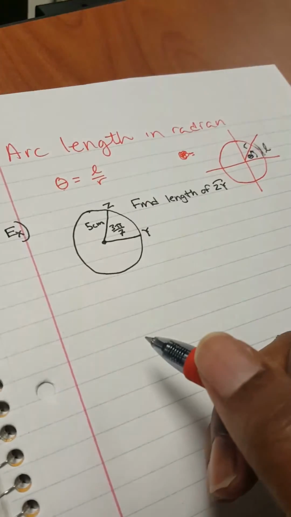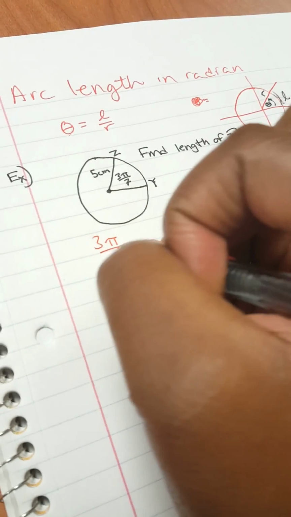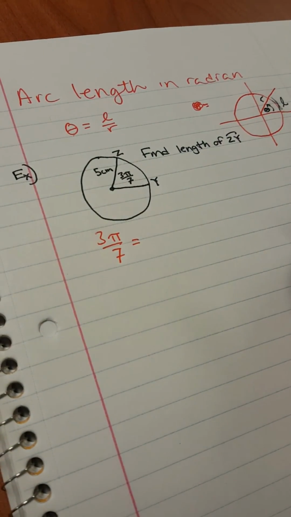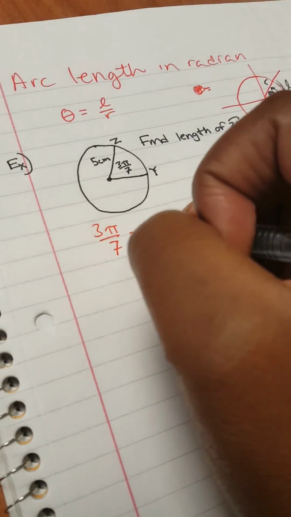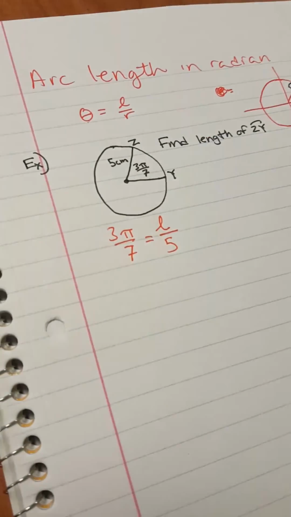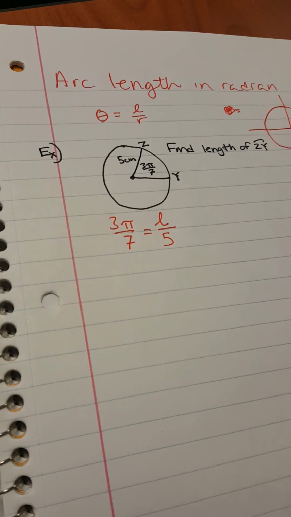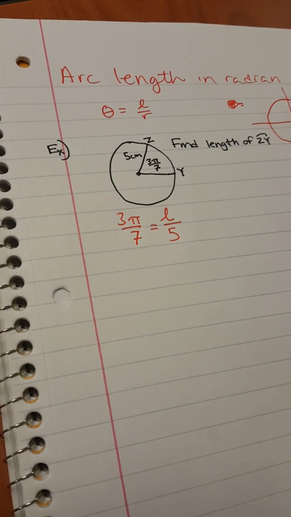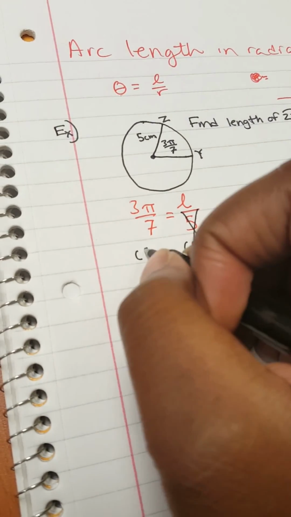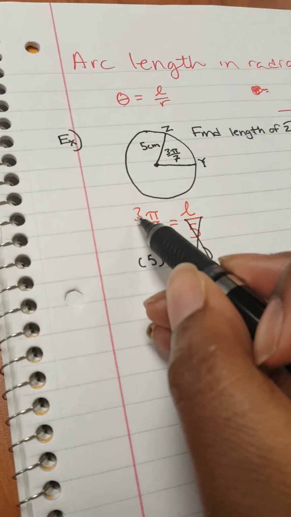So what's my theta? 3 pi divided by 7 equals, do I know my arc length? No, I'm trying to find it. Divided by what's my radius? 5. So if I want to get the arc length by itself, how can I get rid of that divided by 5? I can multiply by 5, so it can cancel. Times 5 here. Realize the 5 would only multiply to the actual 3.